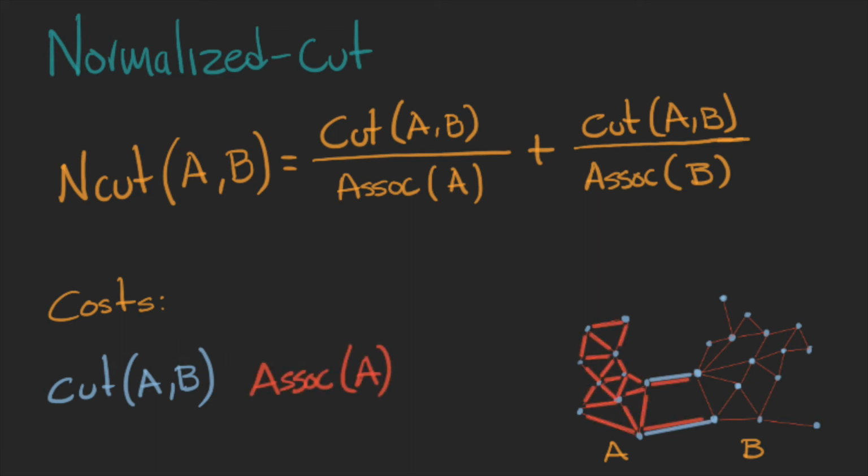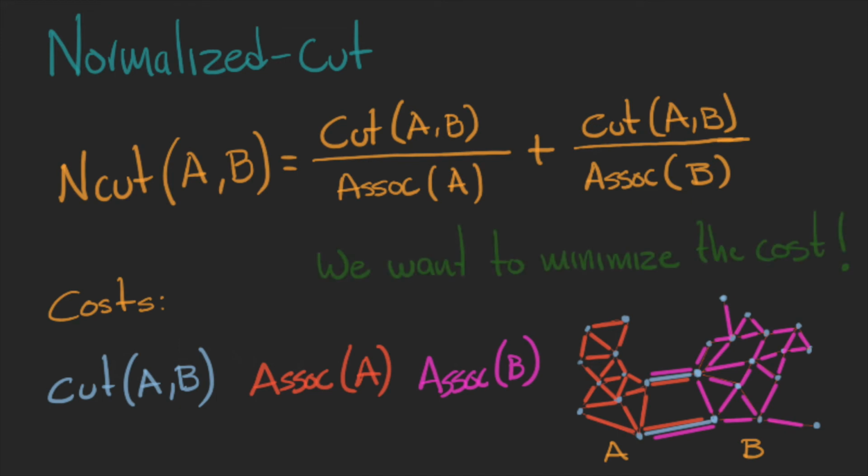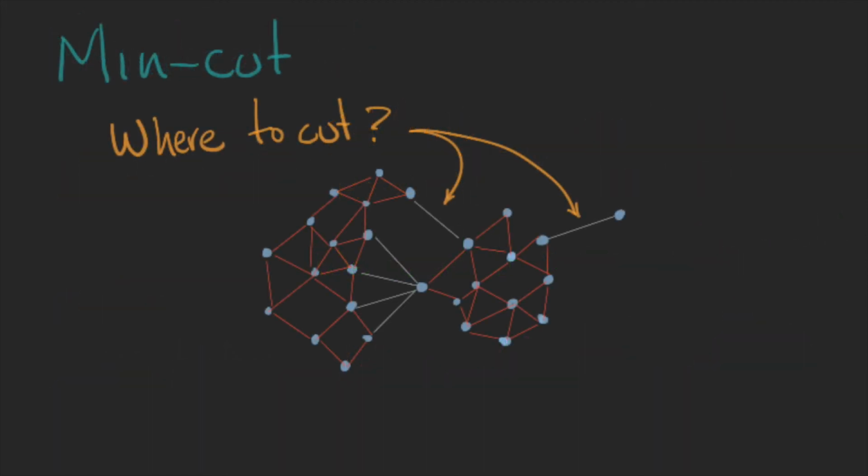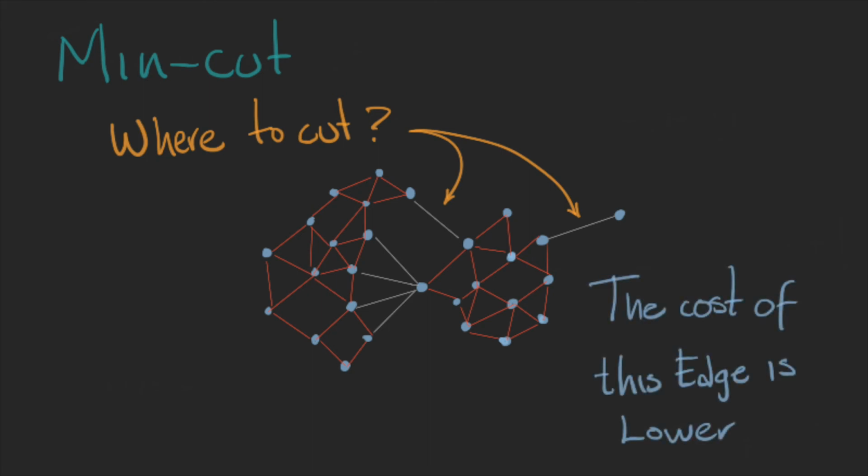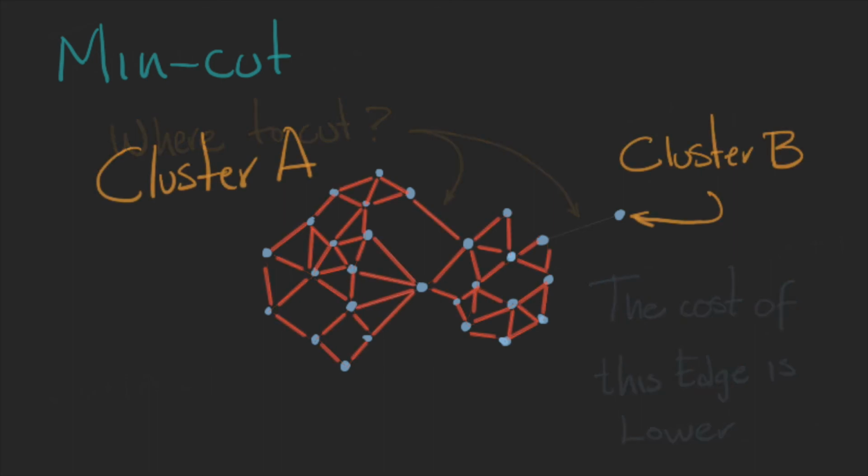So for each pair of subgraphs A and B, the cost of the cut is the sum of dividing the cost of one cut over its association. This approach favors the cut of larger clusters to prevent fragmentation into small graphs. For example, if we have this graph and it turns out that all these edges are weak, by using only the cost of the cut, also called the min cut algorithm, we will remove the single edge because the cost of cutting this one is smaller compared to the cut of the group.